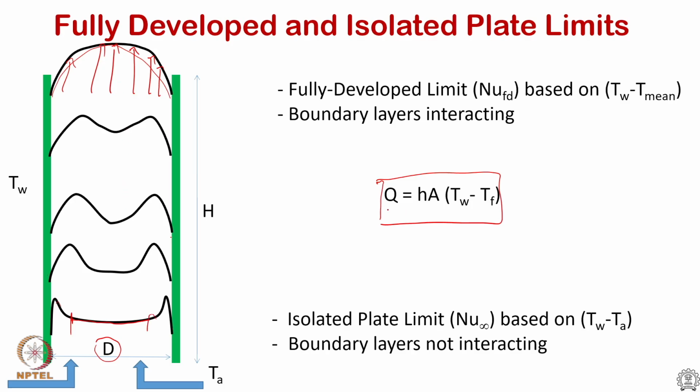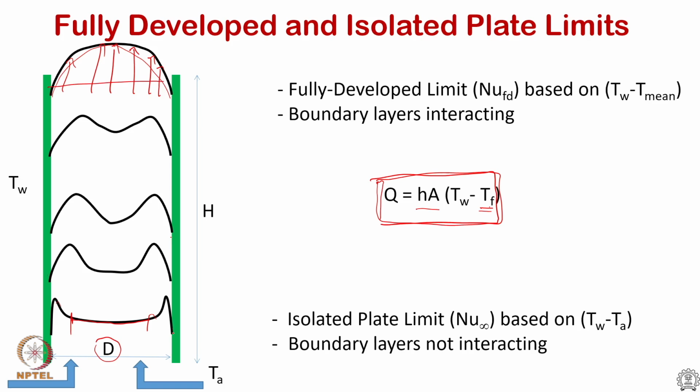If the boundary layers are interacting, then we can write an expression for heat transfer as Q equal to hA times (T wall minus T fluid), where T fluid is the fully developed flow temperature. You assume a certain mean temperature for it. This is the fully developed flow limit.